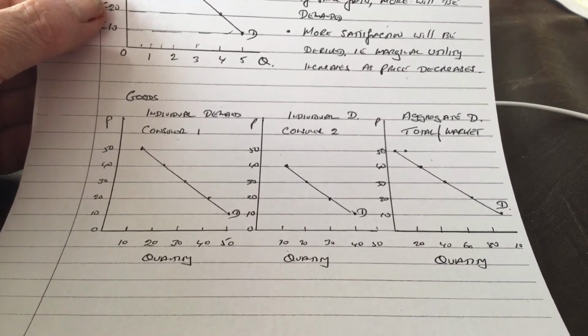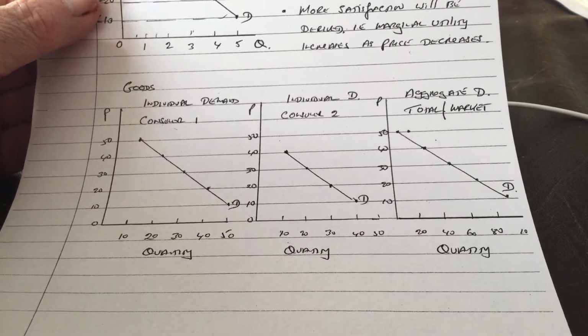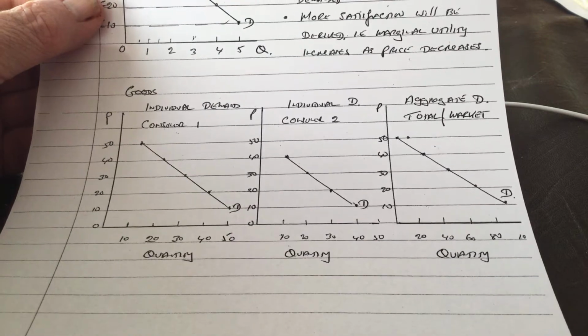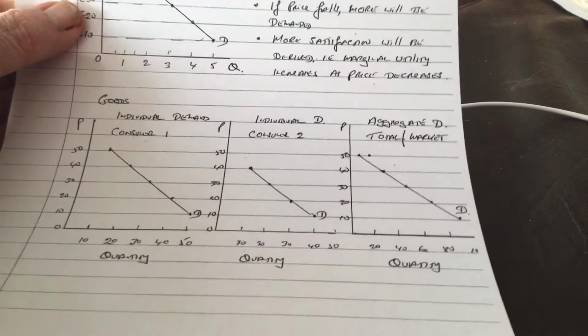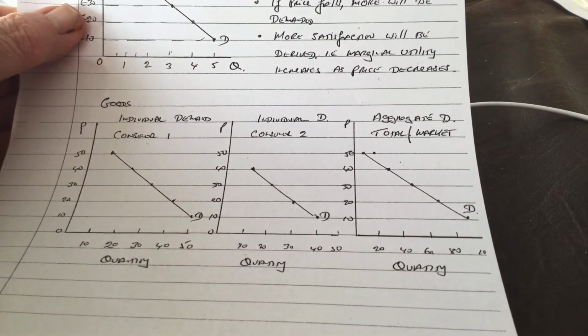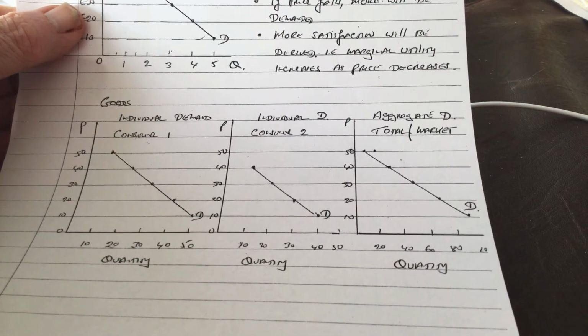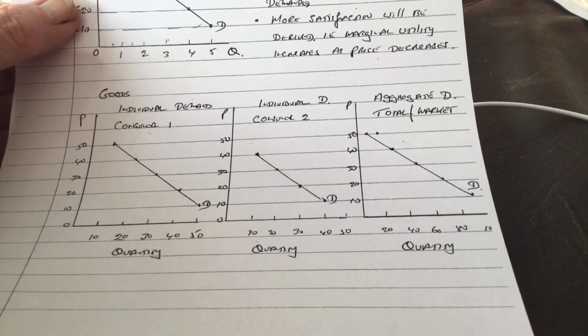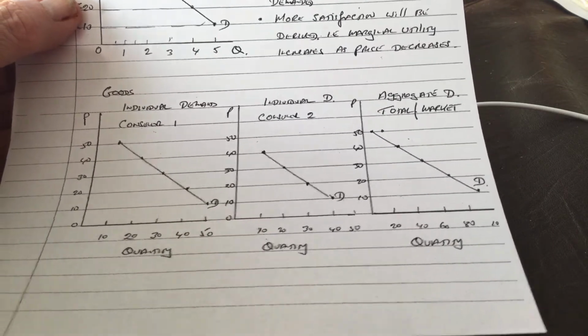Now look at individual consumer 2. At €40, 10 will be consumed. At €30, 20 will be consumed. Then we bring it across, we add diagram number 1 and diagram number 2 to get the total demand. It would be worth your while to draw those out yourself.